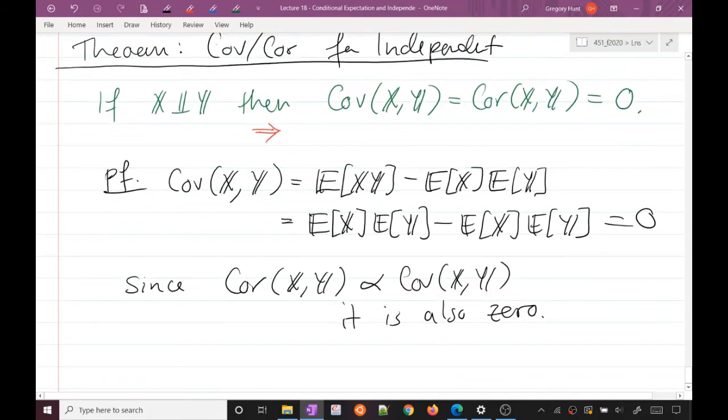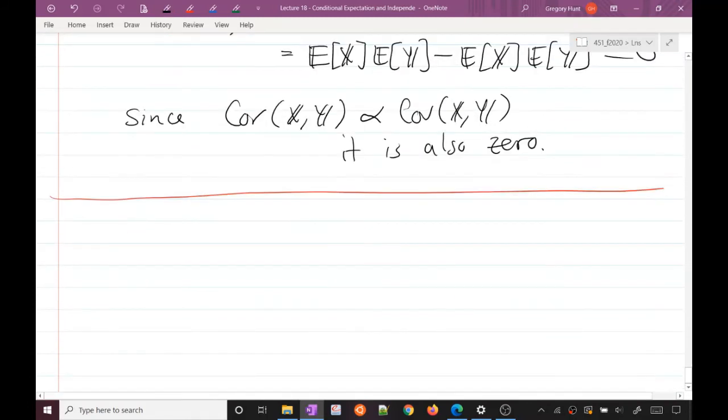Notice, though, as I said, there's a directionality to this theorem. The directionality is that if things are independent, then the correlation is 0. The converse is generally false.